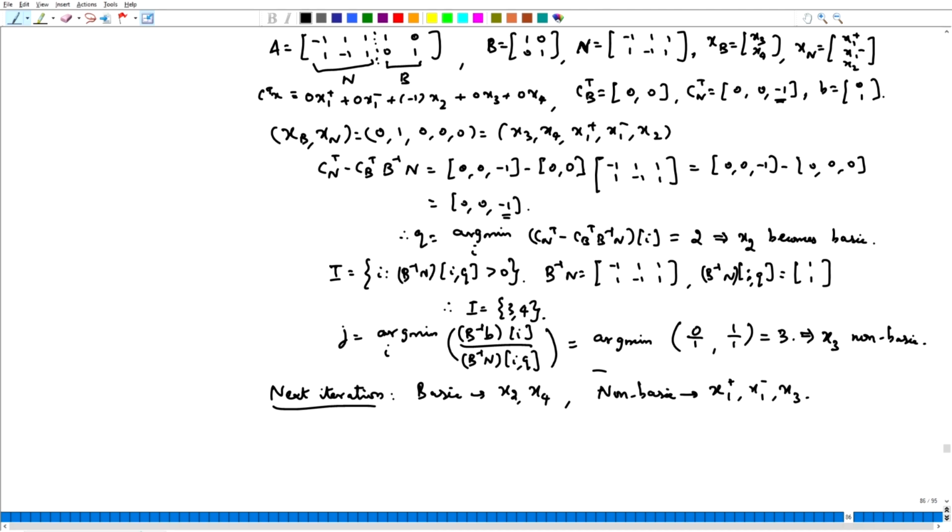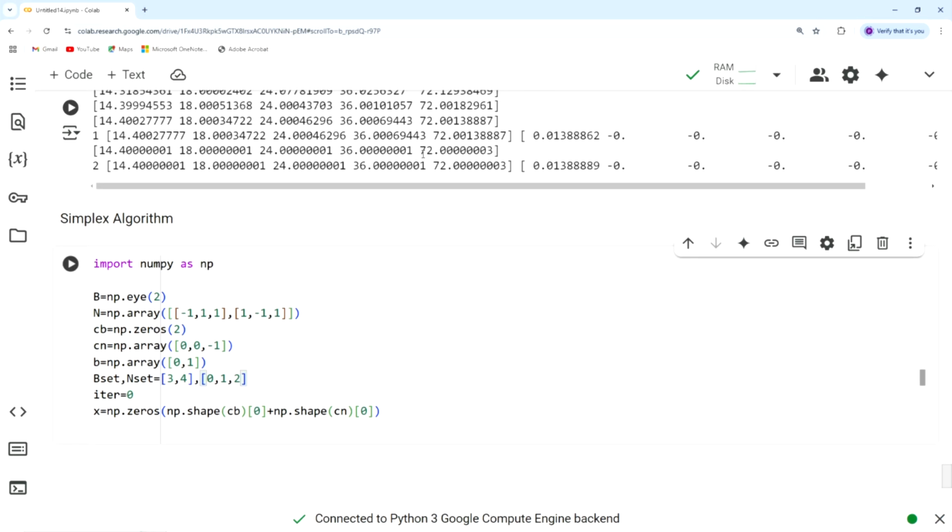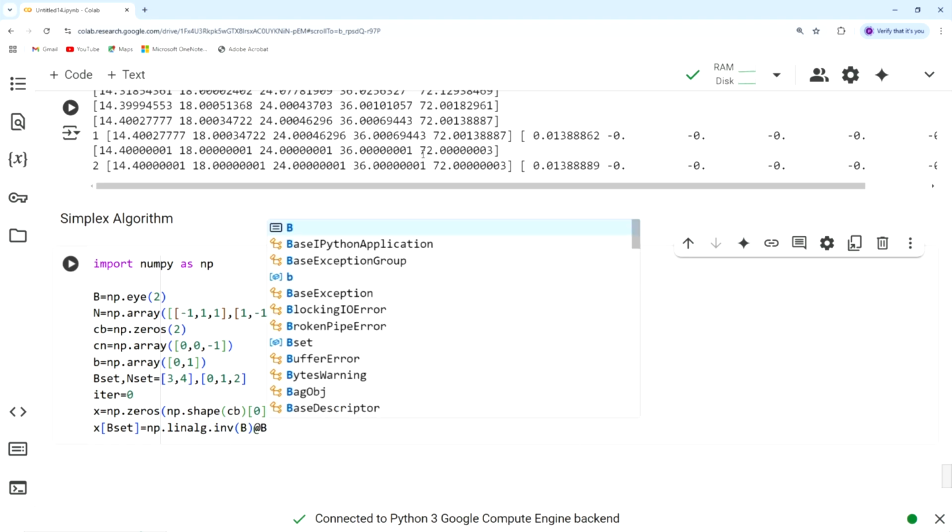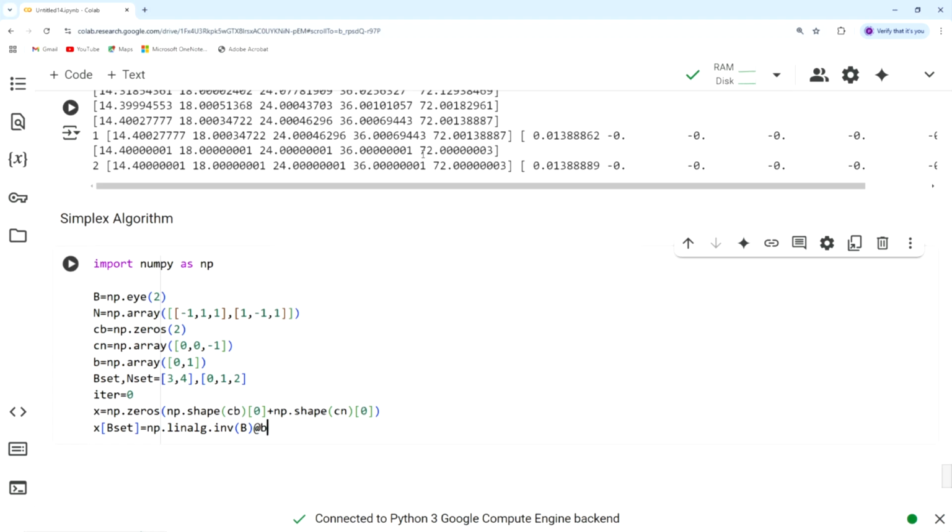Okay. Now, this XB and XN should be found by B inverse b and 0. So, that is what I am going to do now. Okay. So, X is all zeros, of which in B set it has to be B inverse b, right. So, it is np.linalg.inv of B at little b, sorry.